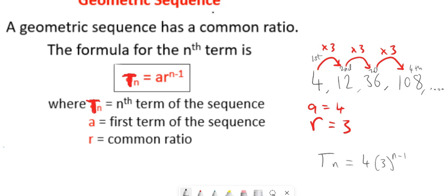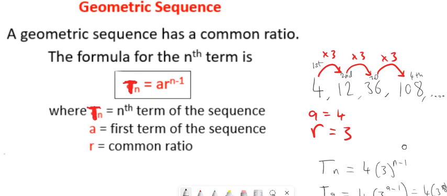If I wanted to find the ninth term, I could keep multiplying by 3 until I do it 9 times, or I could just put in T9 and get 4 times 3 to the power of 9 minus 1, which would be 4 times 3 to the power of 8. You can go figure out what that is yourself, but it'll be something big anyway. So I can work out any term from the nth term.